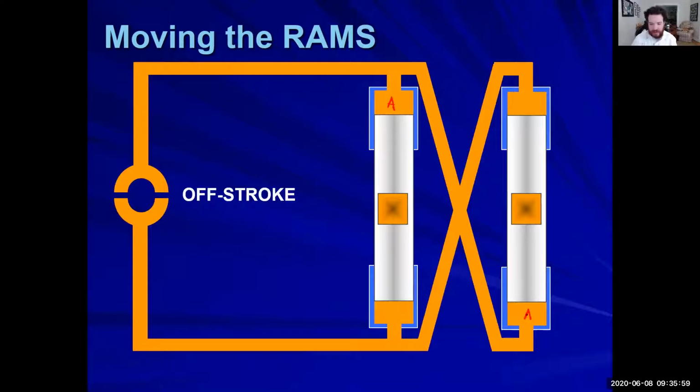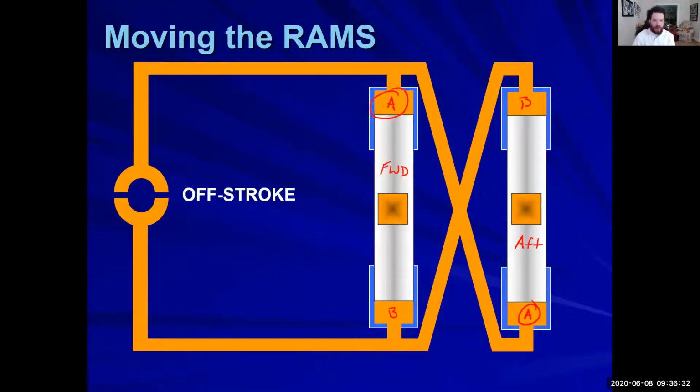This side, A and B. A on our forward ram and A on our aft ram are both going to be doing the same thing. If A is pushing, then both sides are going to be pushing. If B is sucking, then both sides of B are going to be sucking.